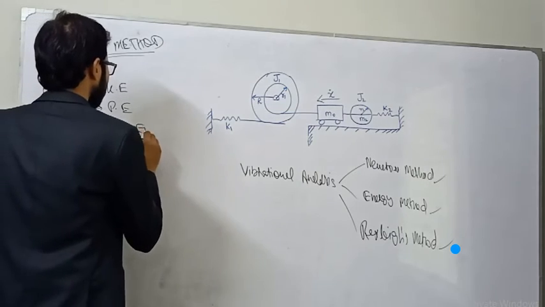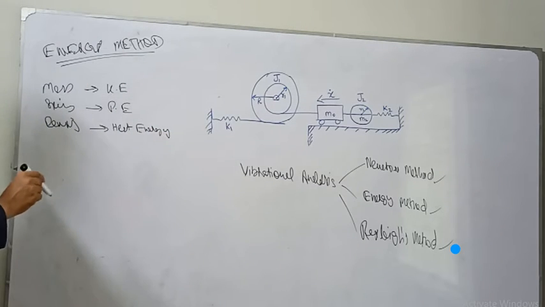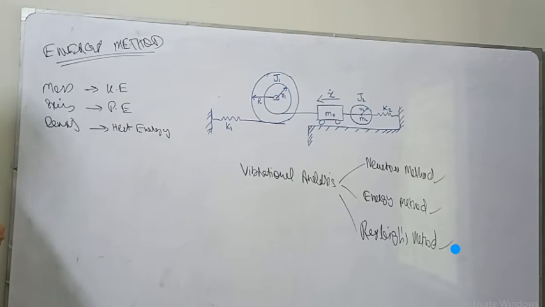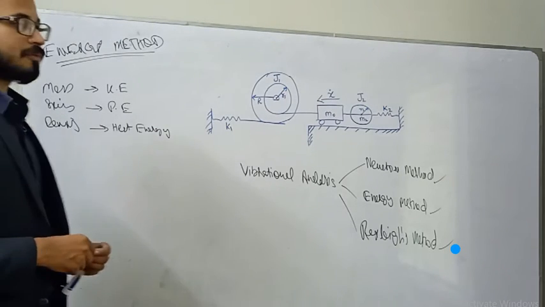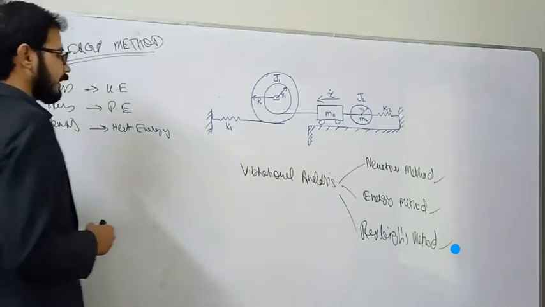Why heat energy? Because it provides an opposition force towards the motion of the body, so energy will dissipate. So we have the possible types of forces associated with the vibrating element.